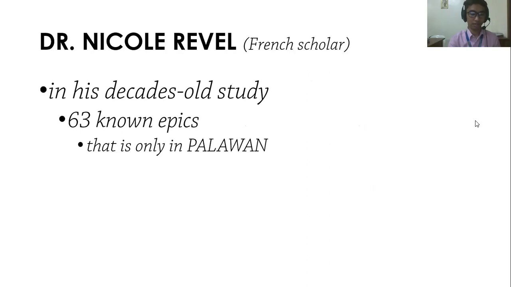So 63 plus 23 is equal to 86. Imagine that there are really many epics here in the Philippines.